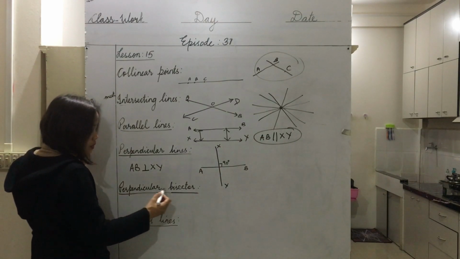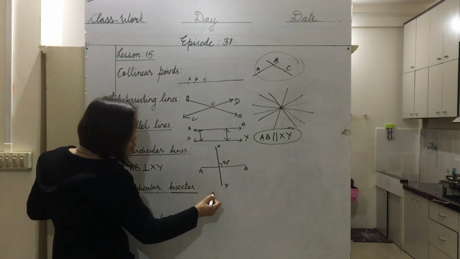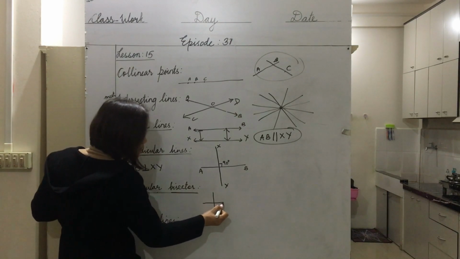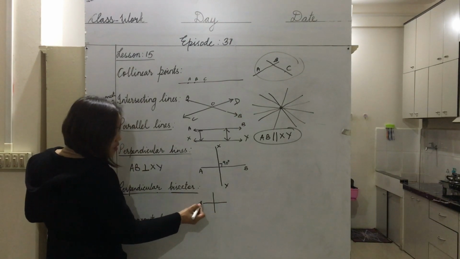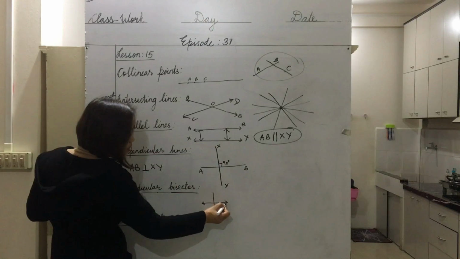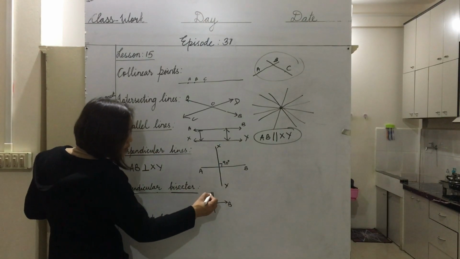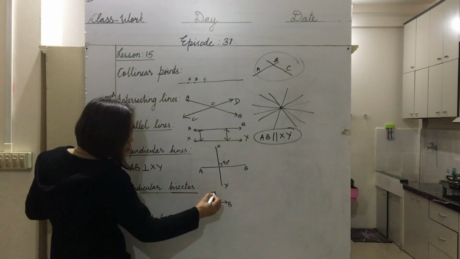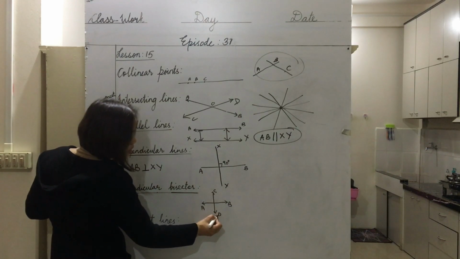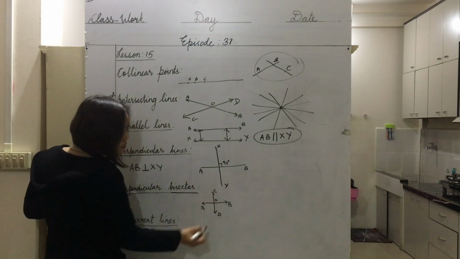So if it is a perpendicular bisector, two lines intersect, right? And for example, line AB is intersected by line CD at point O, right?